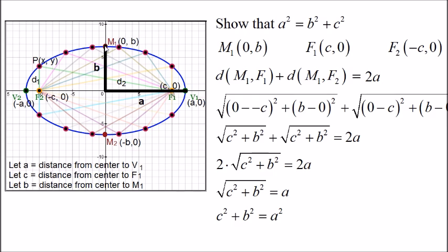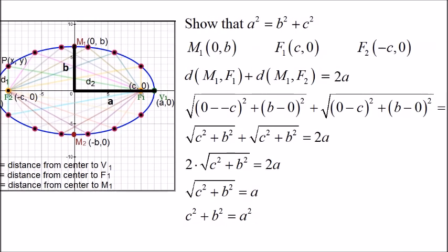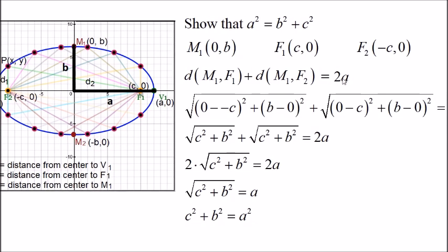M1 is a point on the ellipse, therefore the distance from M1 to F2 plus the distance from M1 to F1 is equal to 2A. Recall that for any point on the ellipse, the sum of the distances from the point to F1 and F2 is equal to 2A.